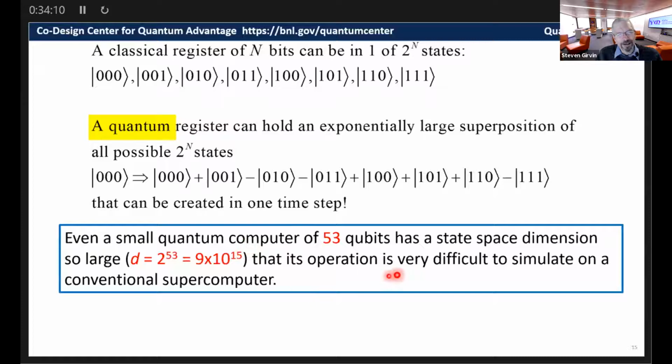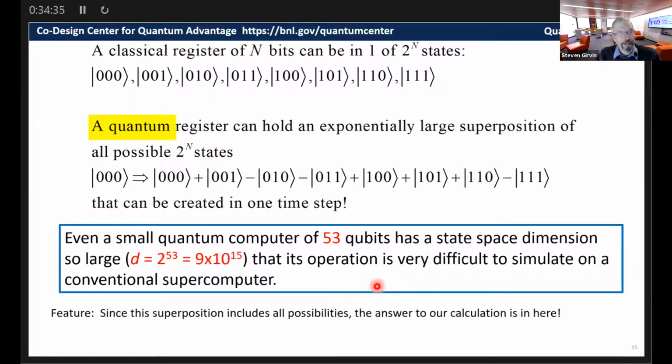And so it's very difficult to solve the equations of quantum mechanics for the operation of this computer if you're trying to do it on a classical supercomputer. So you don't need millions of qubits in a quantum computer to have it be very powerful, provided that there aren't any noise and errors, which is the part we don't have yet.